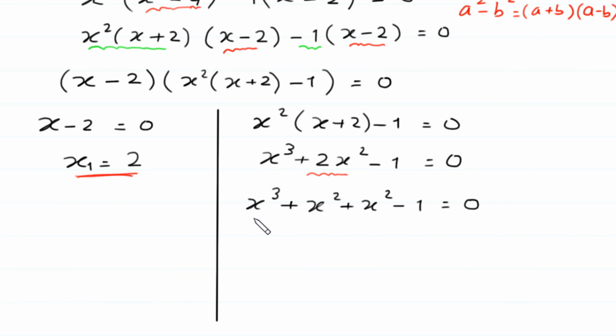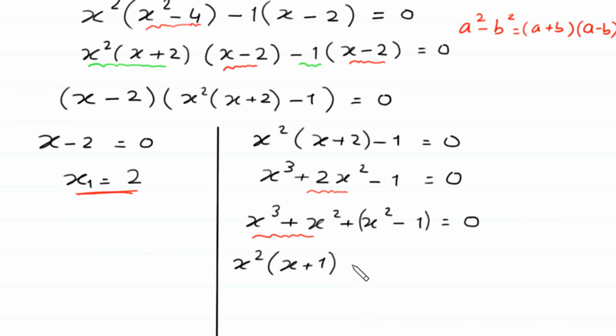And from these two terms, x³ + x², we can factor out x². x² times (x + 1), and we use here parentheses for x² - 1.